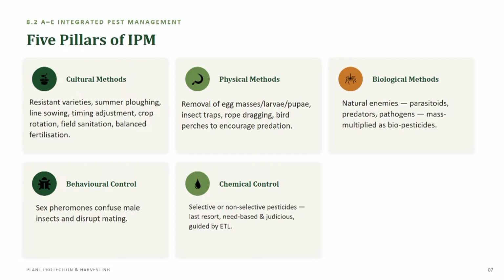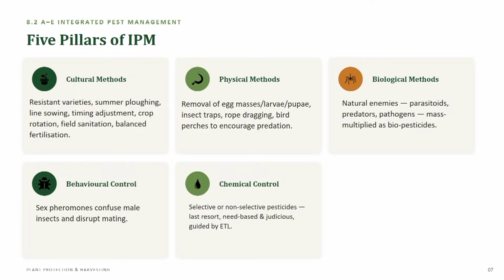Here we should go for the chemical control technique as a last resort, when the other options like cultural method, physical method, biological method and behavioral control have all failed.